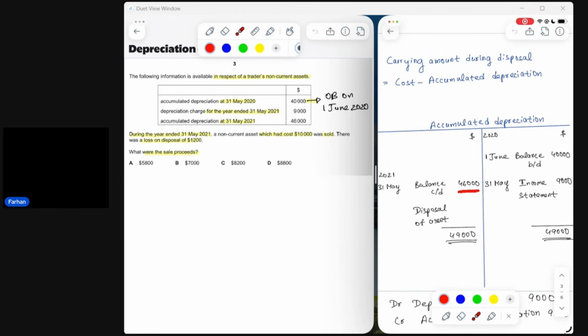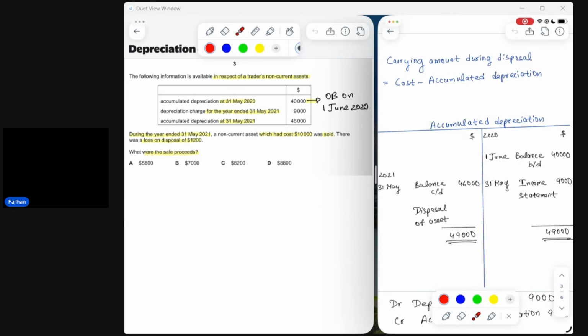Now, based on the statement given under the table, we know that we sold this asset, and when we sold this asset, we made a loss of $1,200. What we have to do now is find the total or accumulated depreciation for this asset which we had sold.